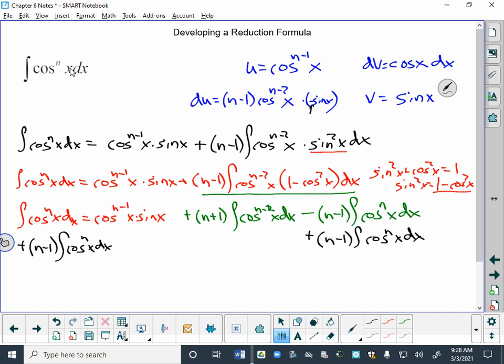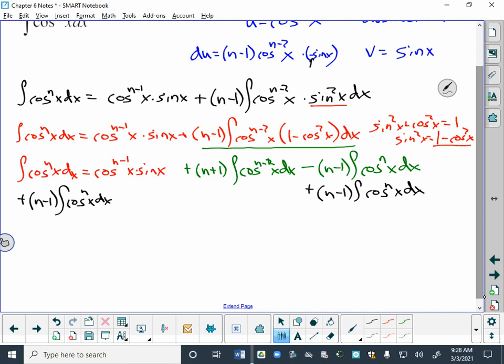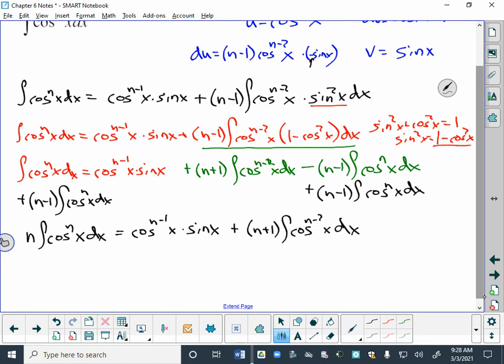And we will get that n minus 1 plus 1 gives us a total of n antiderivatives of cosine to the nth x dx is equal to cosine to the n minus 1 x times sine x plus n minus 1 antiderivatives of cosine to the n minus 2 x dx.